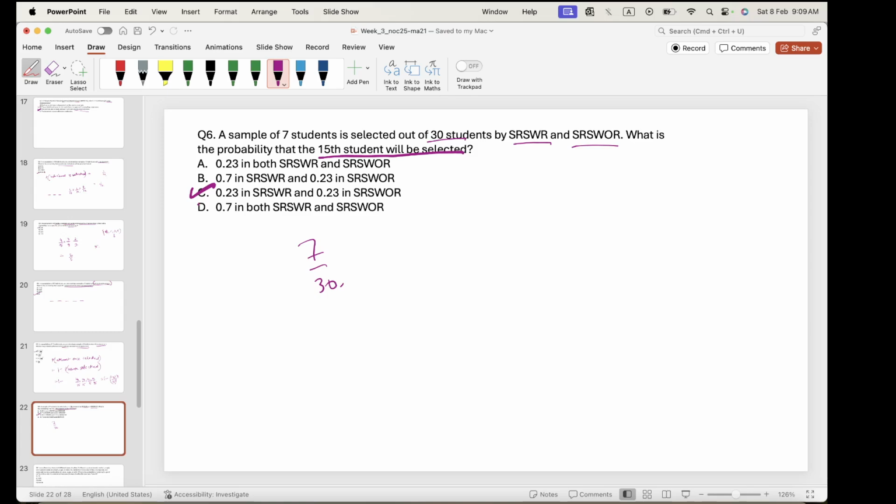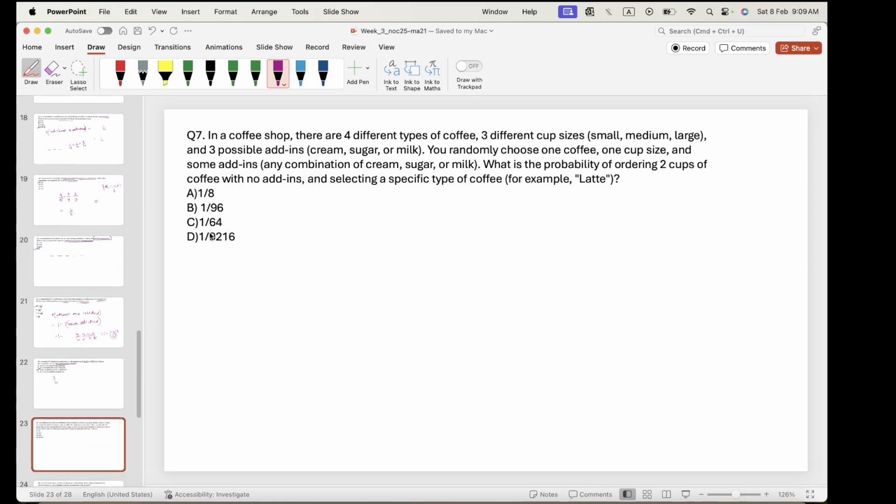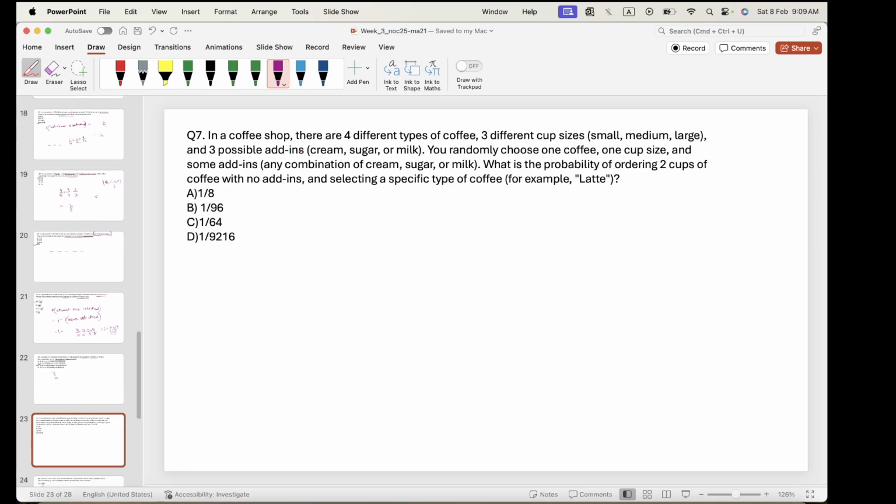Okay, equal chances. All right. This one. In a coffee shop, there are 4 different types of coffee, 3 different cup sizes, and 3 possible add-ins. You randomly choose one coffee, one cup size, and some add-ins.